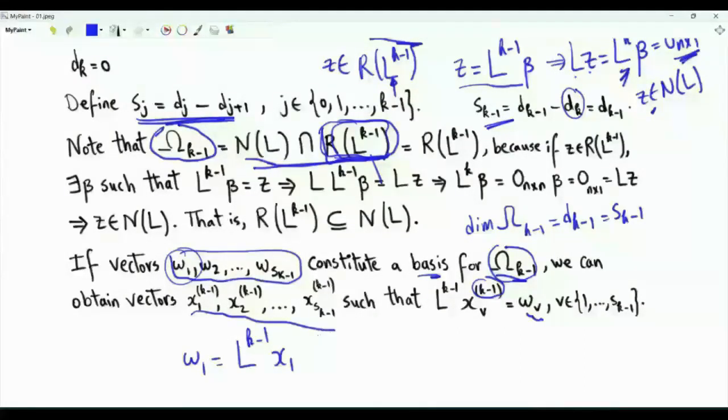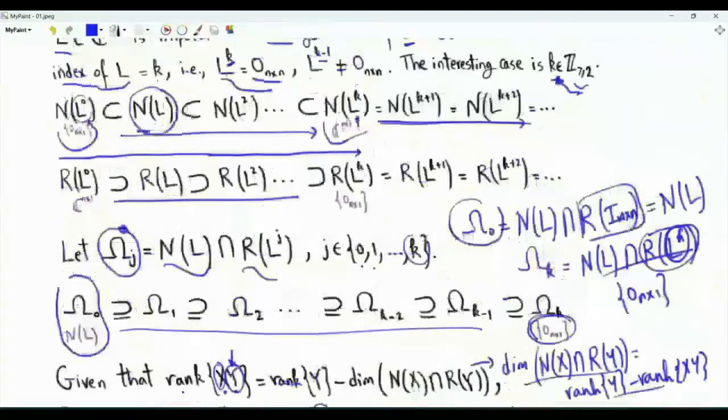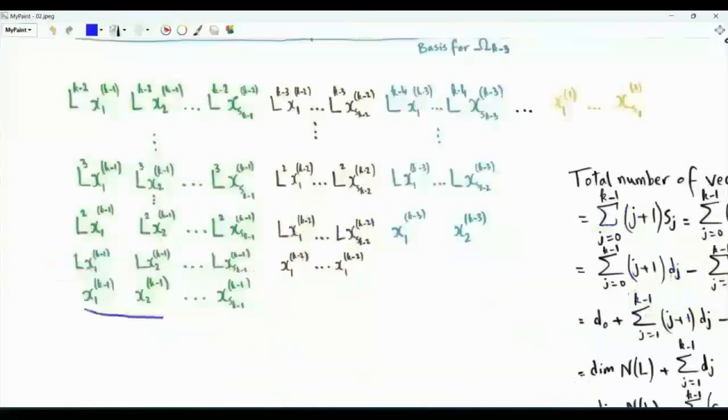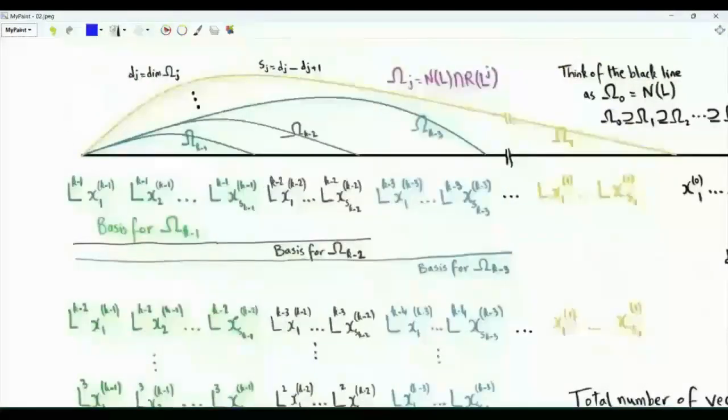We have now those sk minus 1 vectors, which will play a very important role in constructing this P matrix. Those are the sk minus 1 vectors from the previous page. Those vectors, when multiplied by L to the k minus 1, those are the w vectors. Those are the basis for omega k minus 1 with dimension sk minus 1.